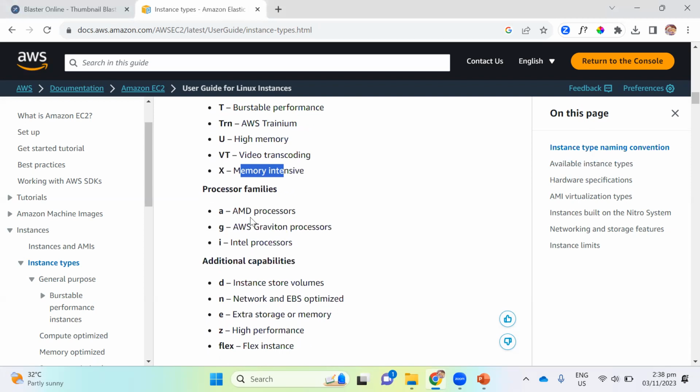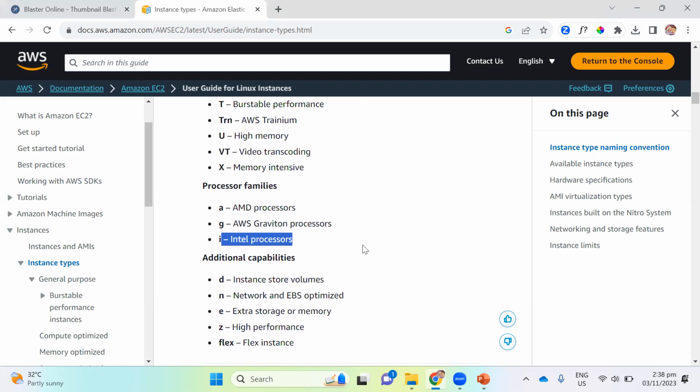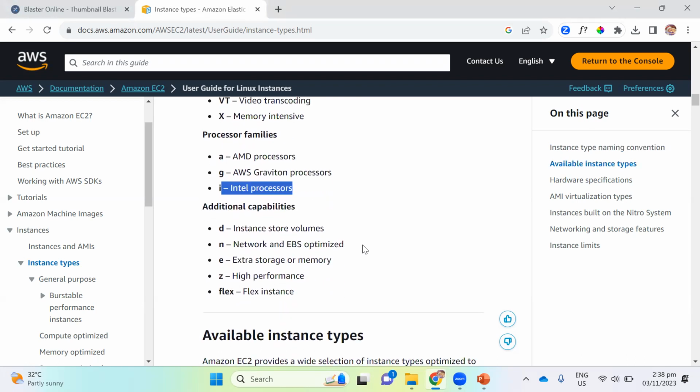Next is your processors. We have AMD processors, G is for Graviton processors, and I is for Intel processors. So Intel processors here actually means the CPUs and other things associated with the particular processor family. Additional capabilities: instance store volume, network and EBS optimized, extra storage or memory, high performance, flex is flex instance.